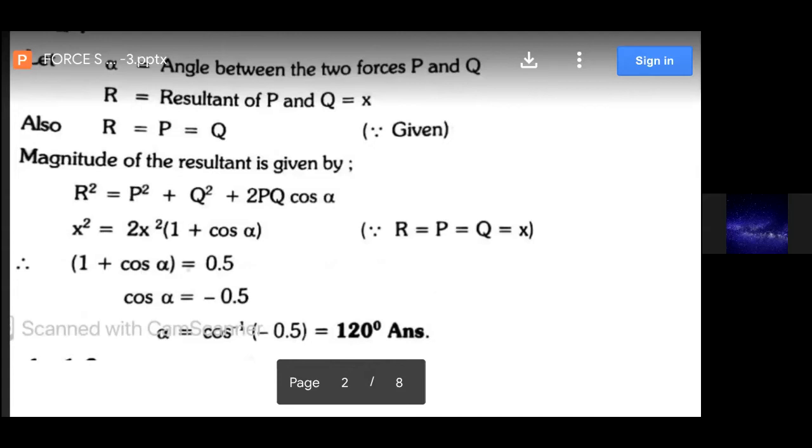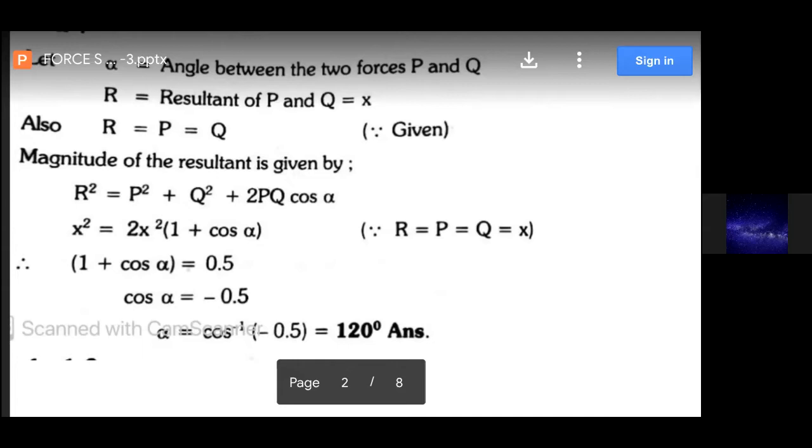We know the formula for the magnitude of the resultant: R is equal to the square root of P square plus Q square plus 2PQ cos alpha. Squaring on both sides, R square is equal to P square plus Q square plus 2PQ cos alpha.